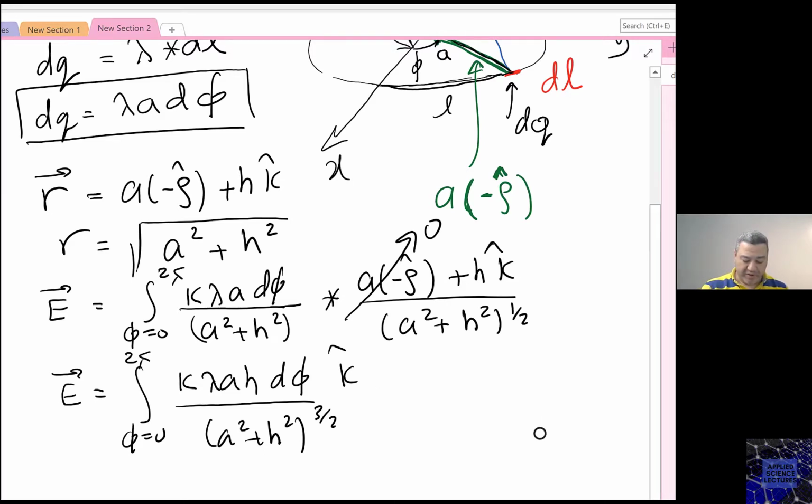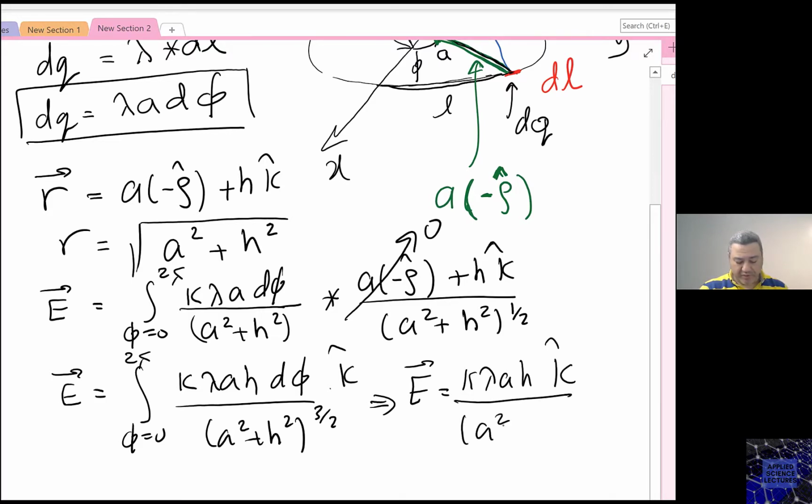Now if you integrate, all those constants go outside and we end up with only d phi. Then this is k lambda a h over a squared plus h squared to the 3 over 2.